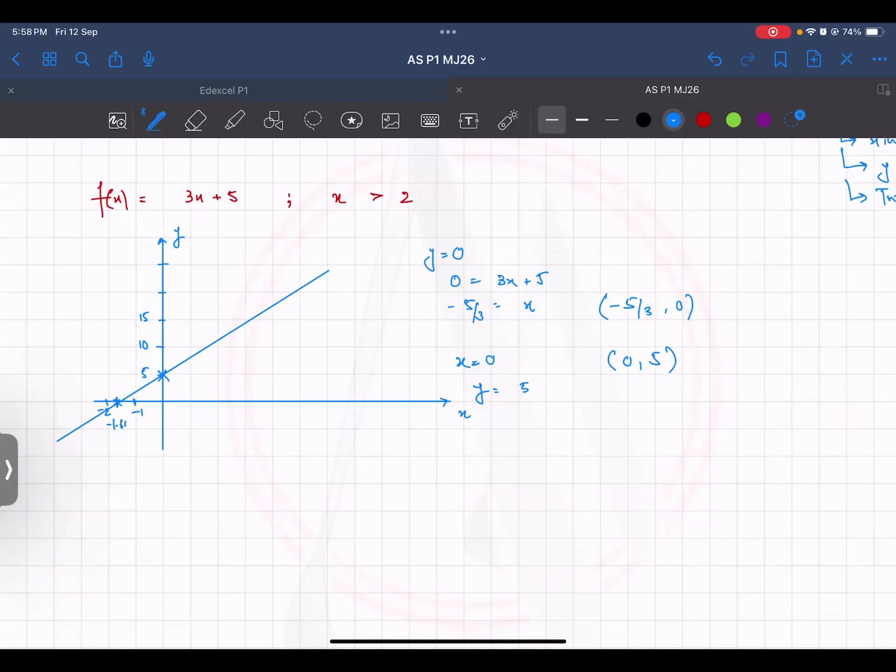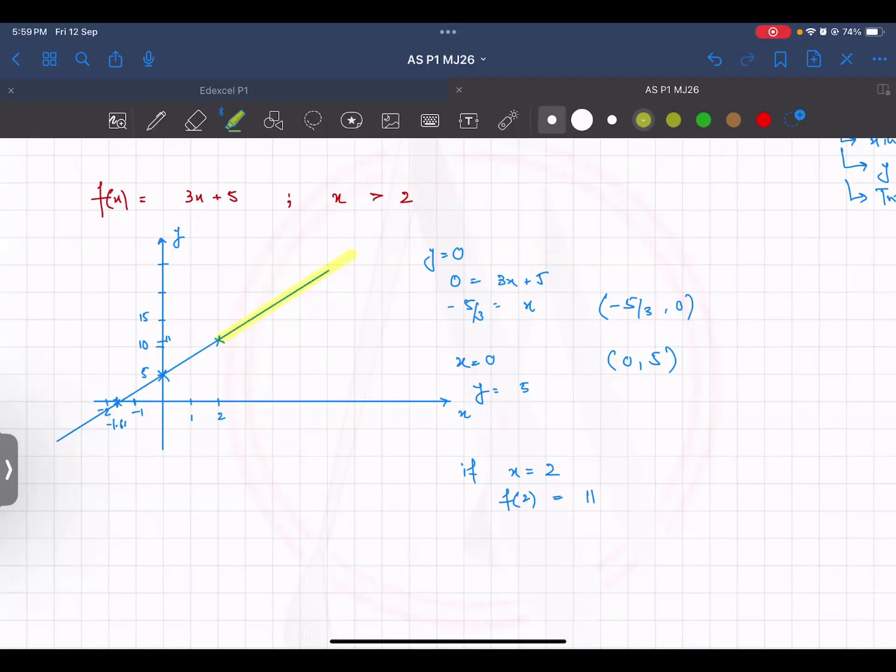So look, right now I have sketched for all values of x, but now they have told us that x is only greater than 2. So x is 1, x is 2. So this is the starting point. If my x is equal to 2, my output, the value of y, is 6 plus 5, which is 11. Something over here, 11. So the concerned part of my curve is only this one.